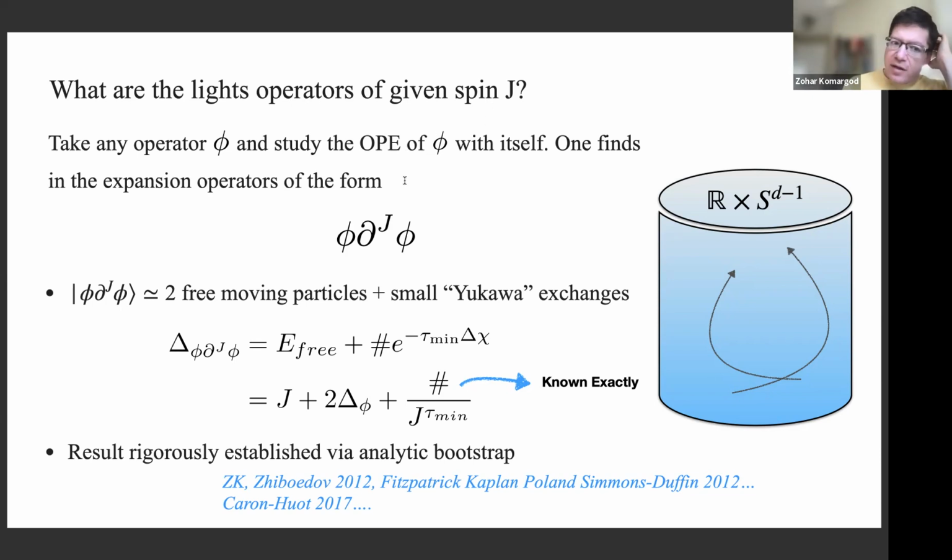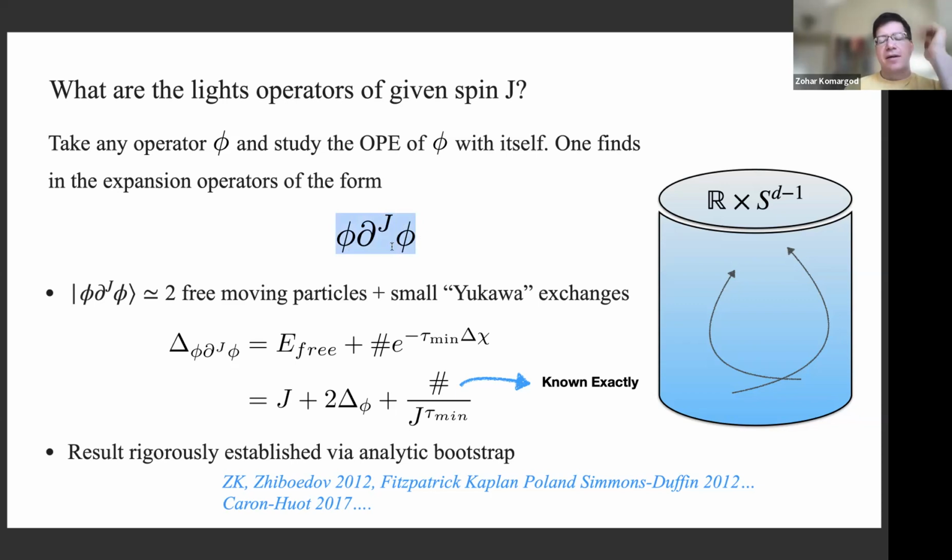First, there is a very important fact that is true in any conformal field theory, which is that if you take any local operator and you put lots of derivatives and then another local operator at the same point, there is very little renormalization for the scaling dimension of this operator.